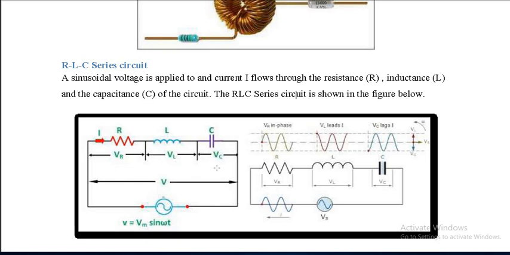When we talk about resistance, voltage and current are in the same phase. When we talk about inductance, the current lags behind the voltage. And when we talk about capacitance, the current leads the voltage.